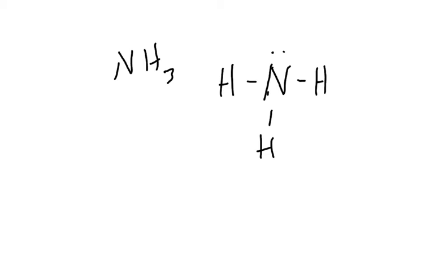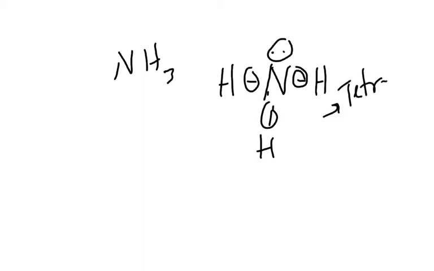So you would say that this has 4 electron groups, and whenever you have 4 electron groups around the central atom, you get what we call the tetrahedral geometry. So that's the geometric structure, because it has 4 electron groups.